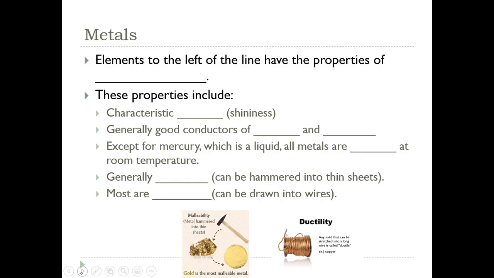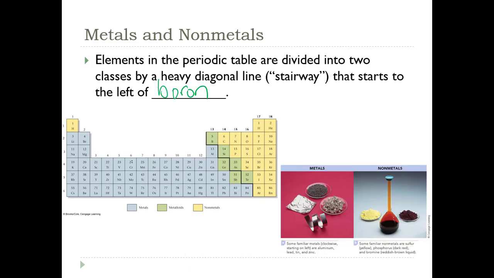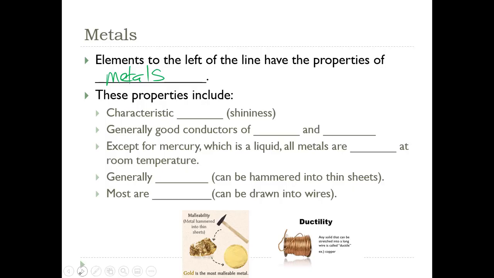Elements to the left of the line have the properties of metals. These in blue have the properties of metals. Note again that hydrogen is in yellow, and those are the non-metals. So hydrogen is a non-metal, even though it's placed here at the top of column 1 or group 1.